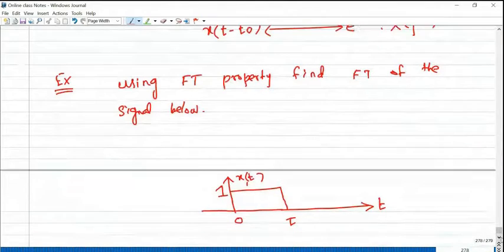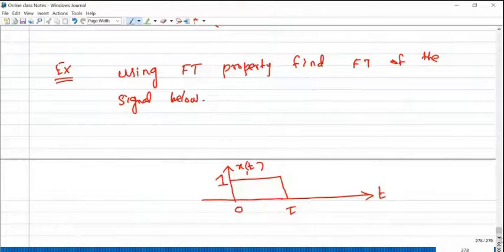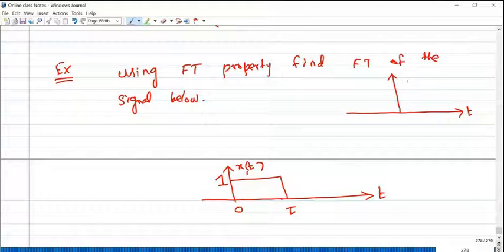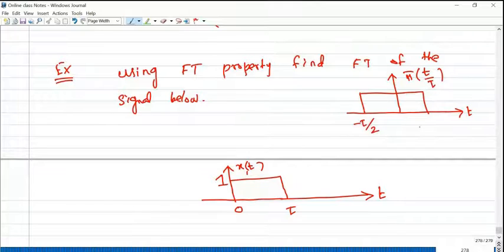So this given rectangular pulse, the standard rectangular pulse Fourier transform result we have solved already. We know that, that is, pi of t by tau in general format, from minus tau by 2 to plus tau by 2, the magnitude is 1.